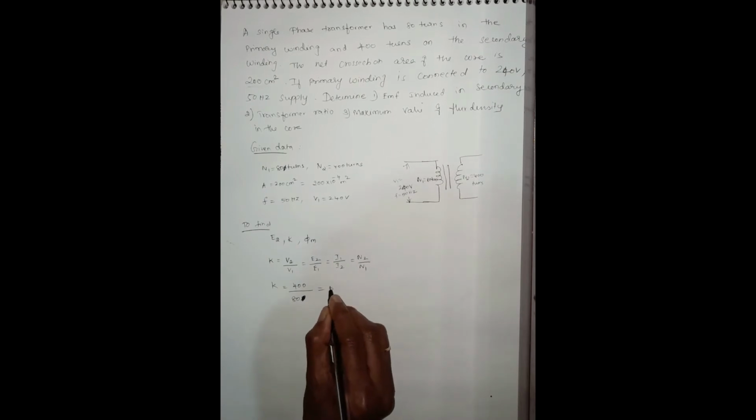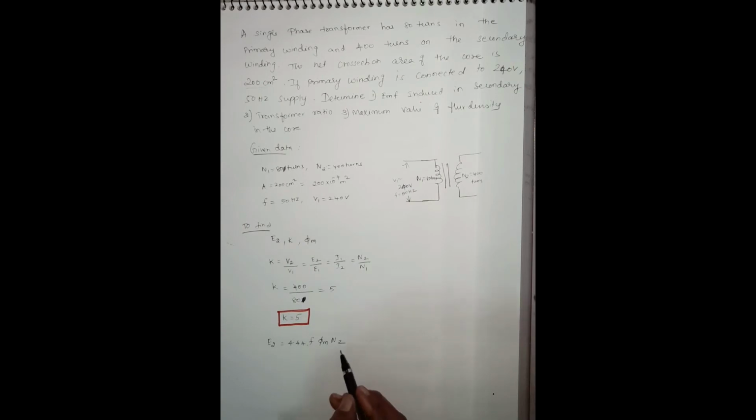Therefore, 400 by 80 turns, K is equal to 5.